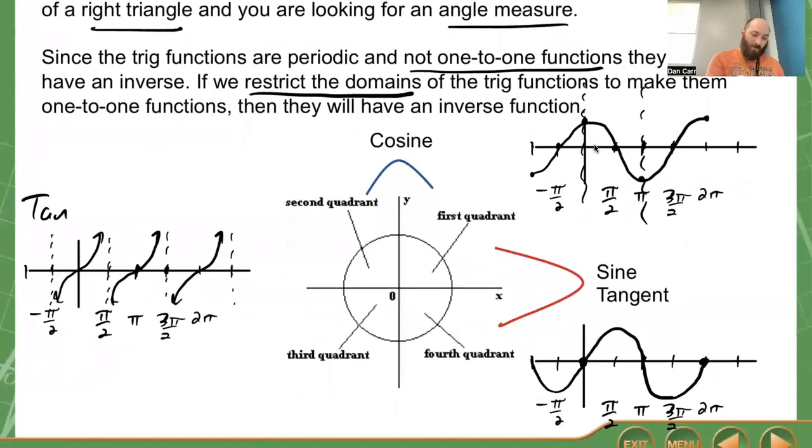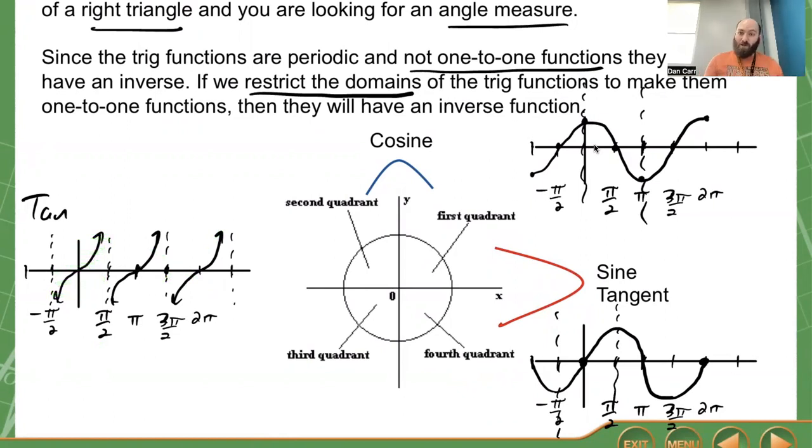We're going to restrict it, but sine is going to restrict from here to here. This part of the curve is one-to-one if I'm only looking at negative pi over 2 to pi over 2. I'm going to do the same thing with tangent. If I ignore all of these and just focus on this right here, that's going to be one-to-one as well.